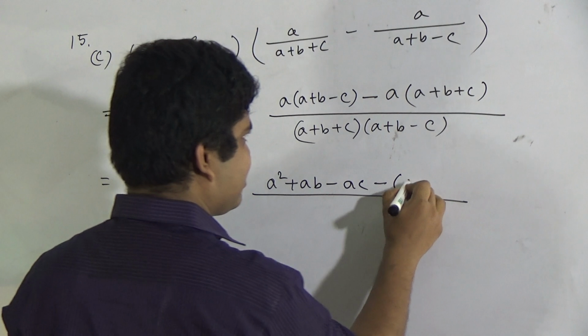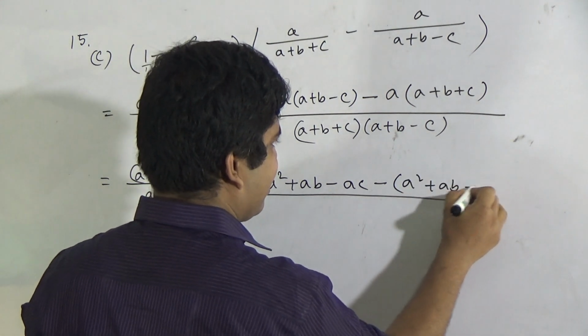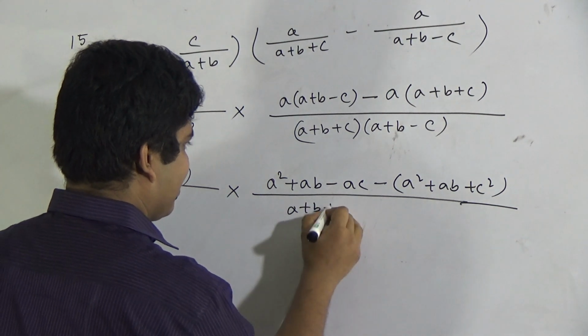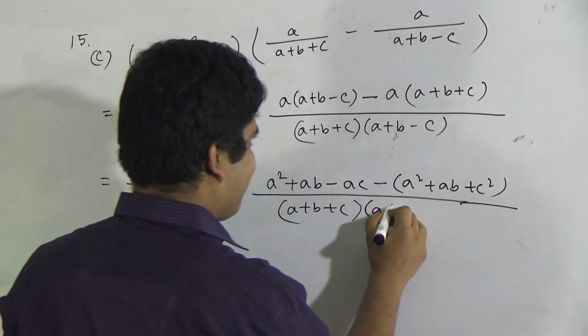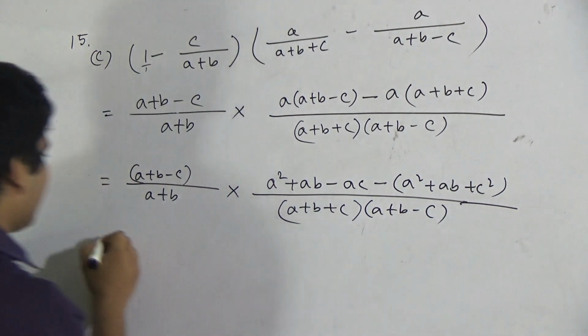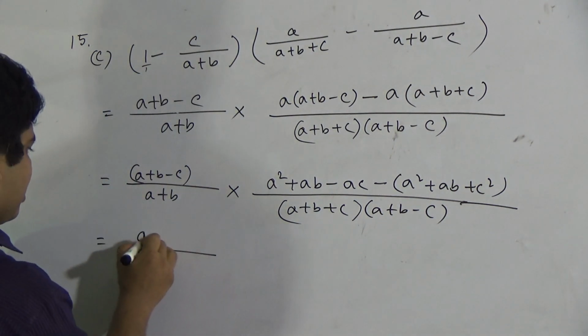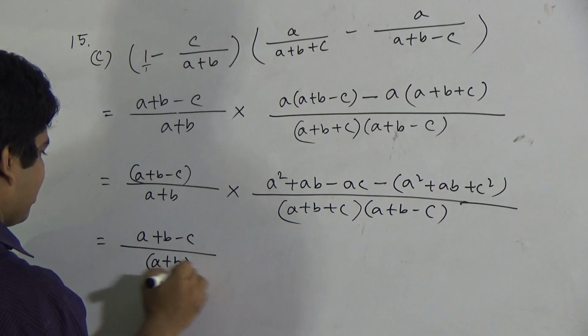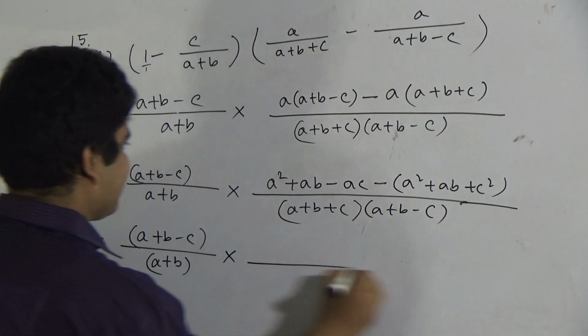On the other hand, A square plus AB plus AC by A plus B plus C into A plus B minus C. So A plus B minus C divided by A plus B. Okay, multiply sign is here.